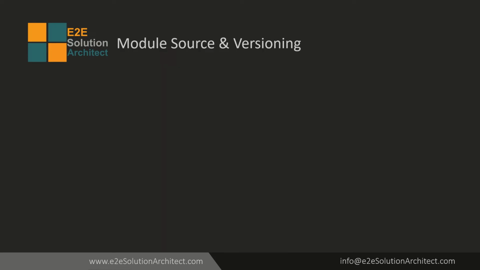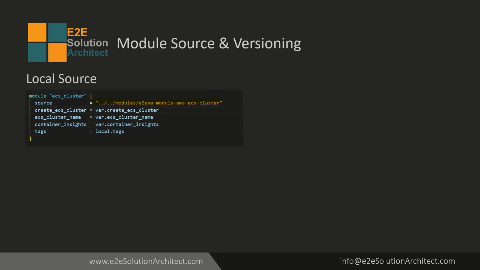Now next, understand the module source and versioning. In the last slide, you may have noticed that we have something called source inside this module, and source means it points out where the module is located, so it can get the code inside the module.